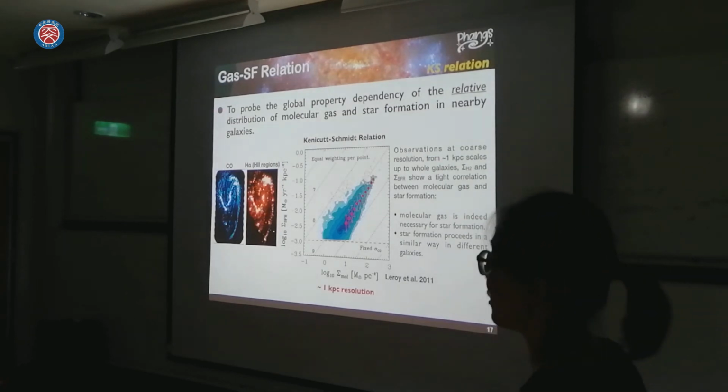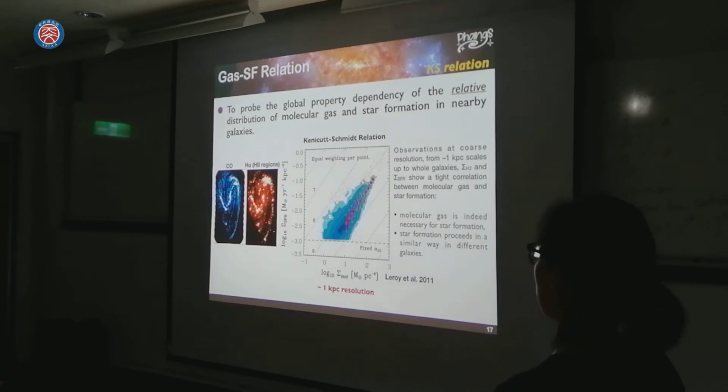Many previous studies have shown that when the physical resolution is low, from about 1 kiloparsec to whole galaxies, these two quantities, star formation rate surface density and molecular gas mass surface density, are tightly correlated.